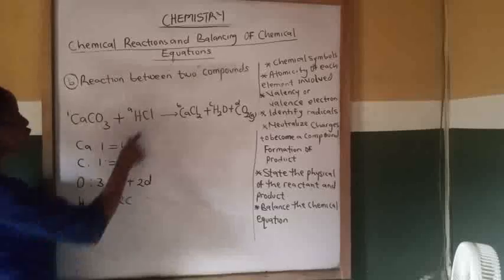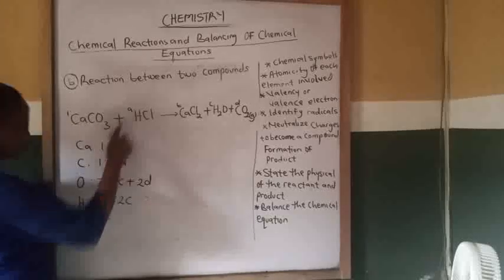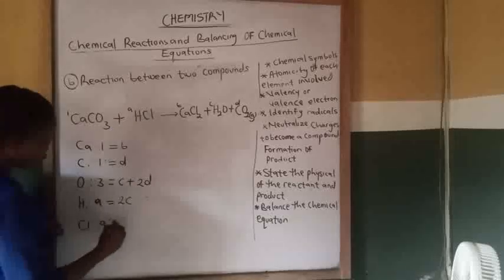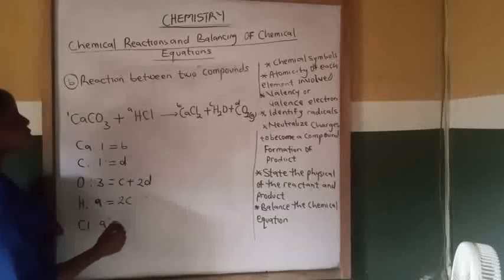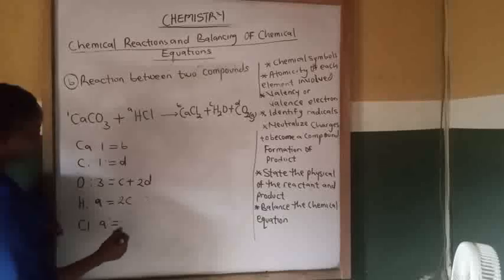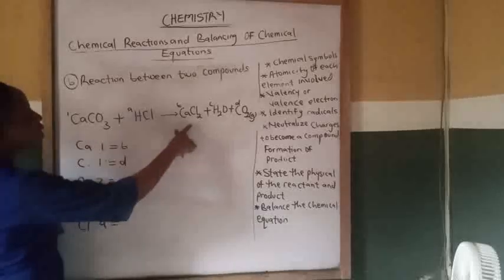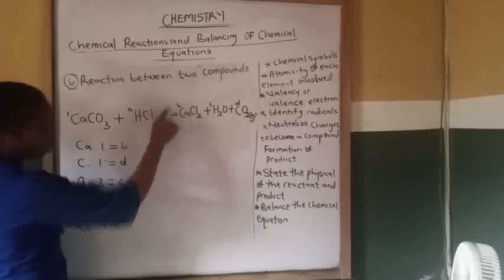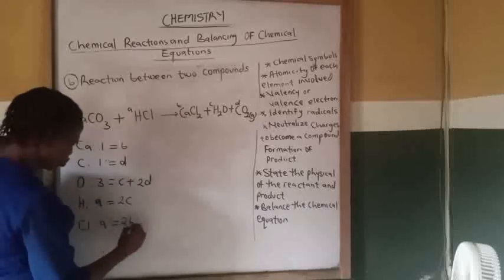Then followed by chlorine. How many chlorine here? That is 1. So 1 times A will give me A, equal to, then chlorine on this side, we have 2 chlorine. So 2 times B will give me 2B.